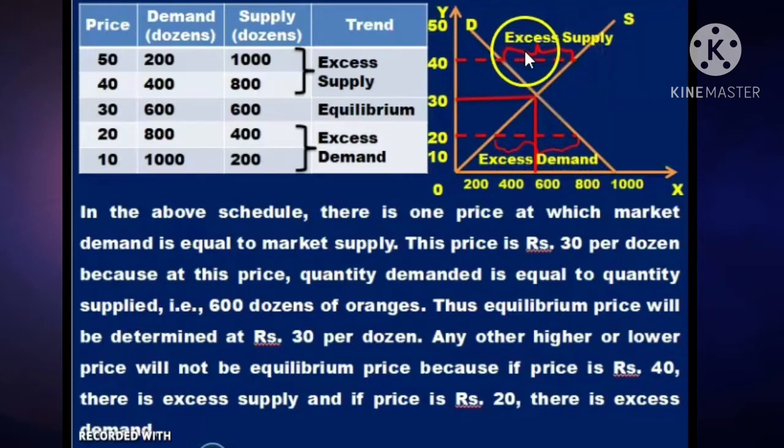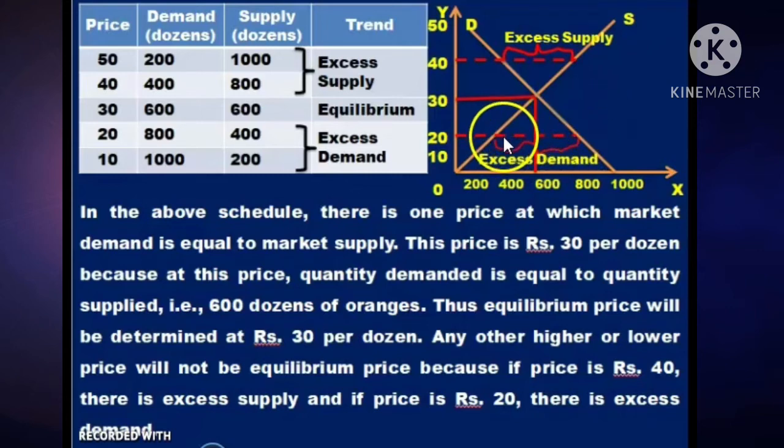The supply curve is to the side of the demand curve, which is greater, so there is excess supply. Then we extend from 20, and from there we find the excess demand, where the demand curve is to the side of the supply curve.